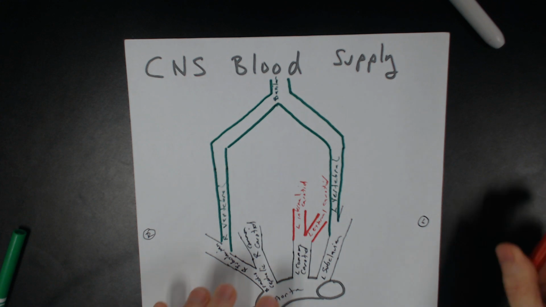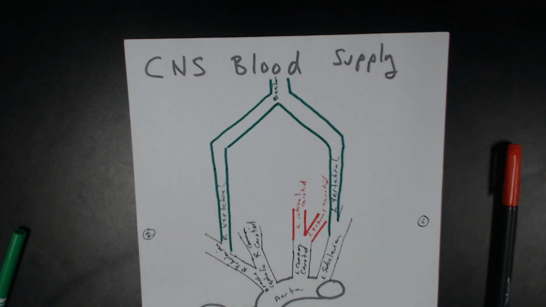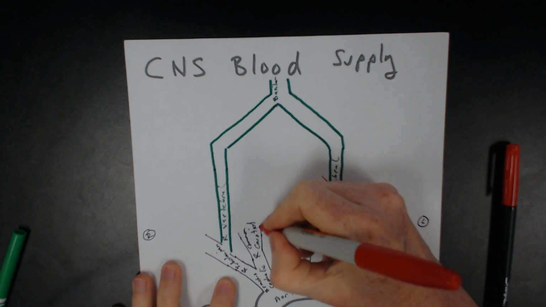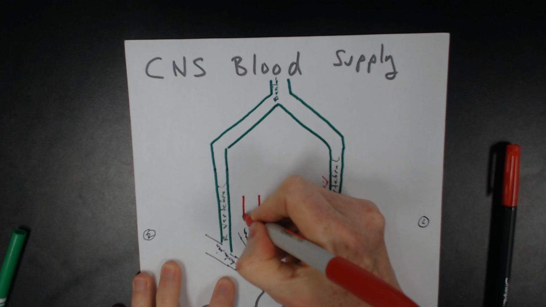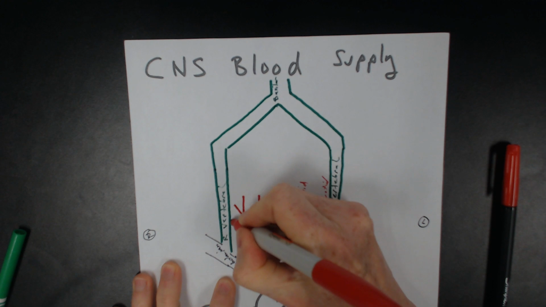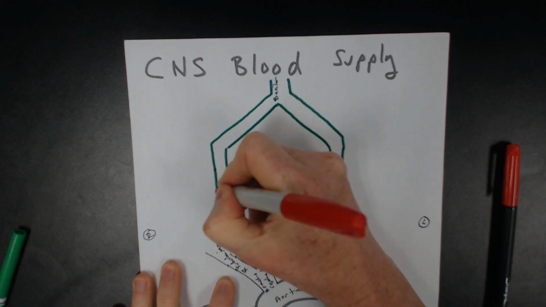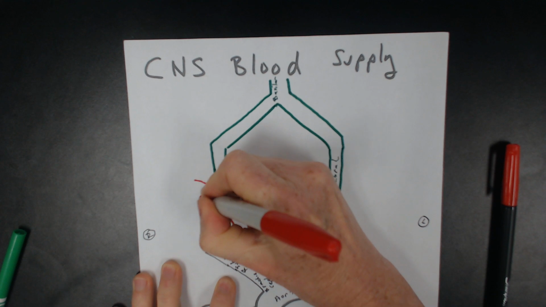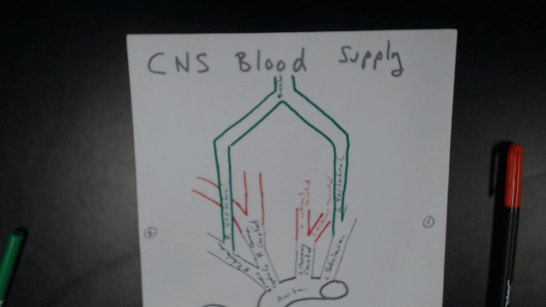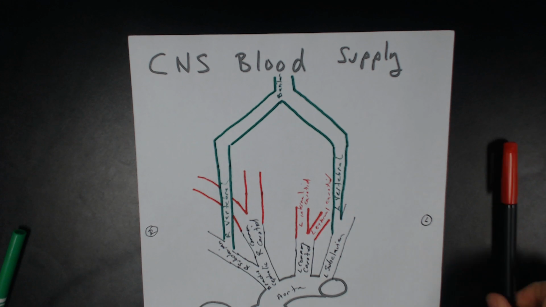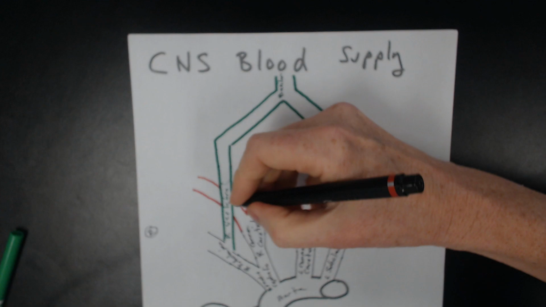Same thing happens on the right side. The right common carotid separates into two arteries. I'm just going to bring this out here so you see it a little bit easier when I write it. More medial of the two is going to be your right internal carotid.